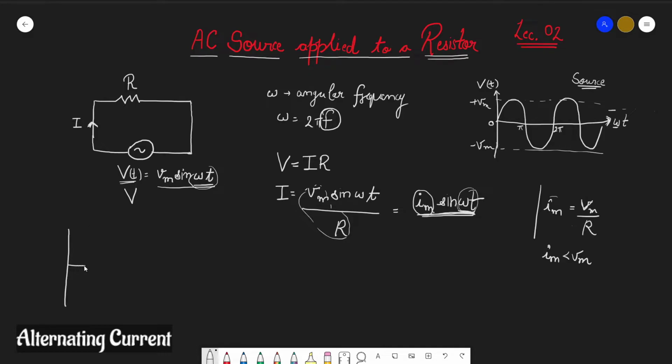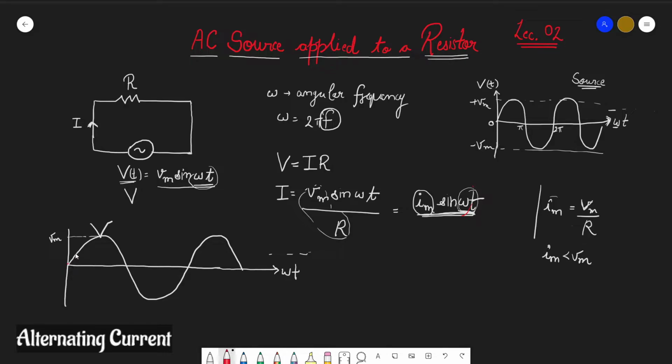If I want to draw these waveforms, suppose this is the waveform for V, and this is omega t, with the maximum value Vm. Obviously by this I can say Im is less than Vm, and as both have the same angles, the phase is the same.